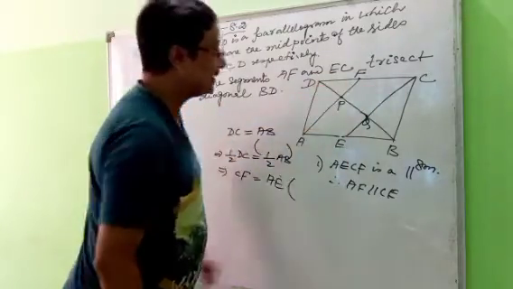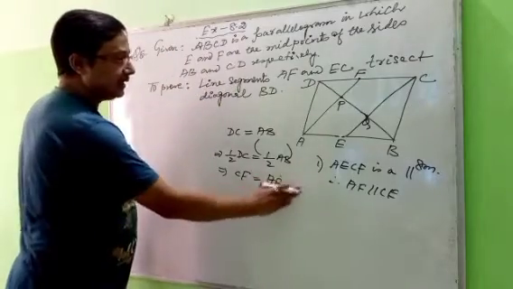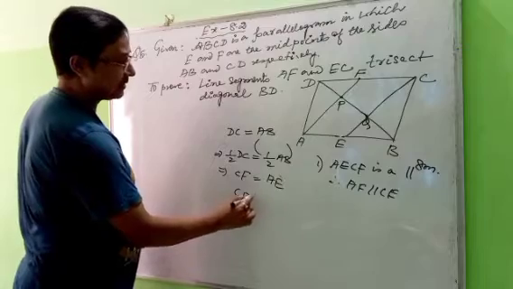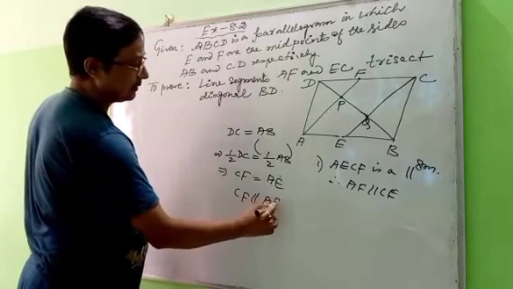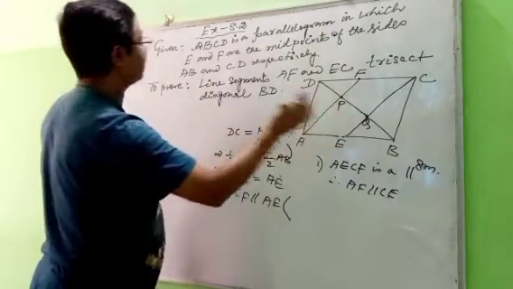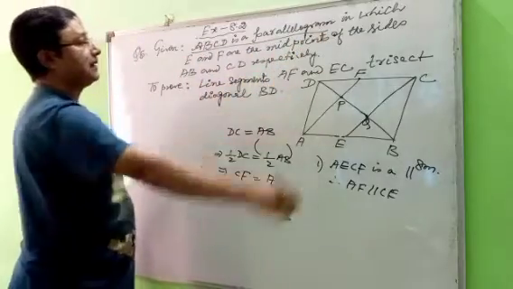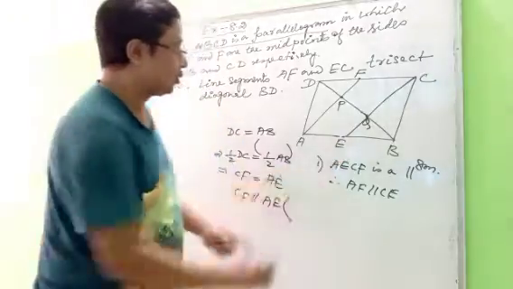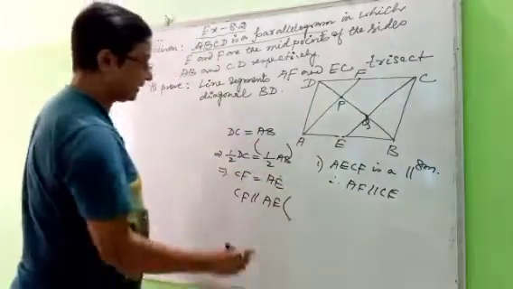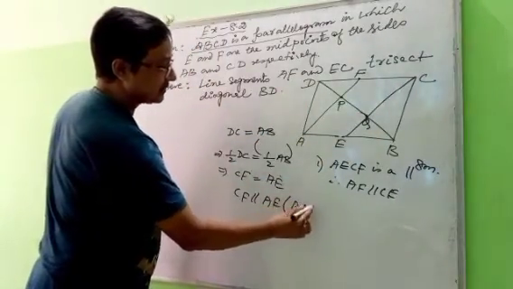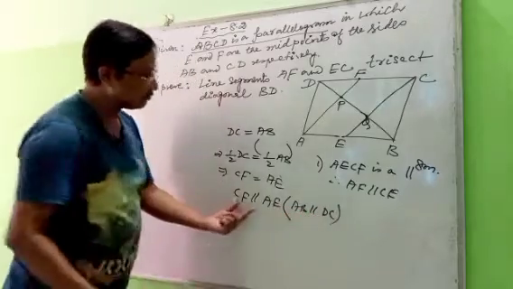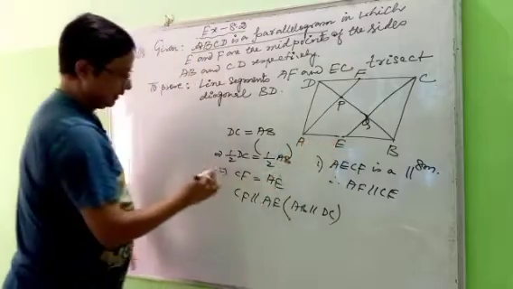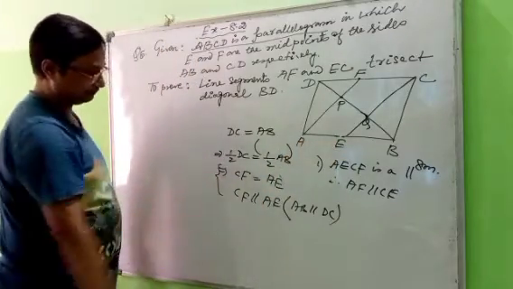Again you see here, CF is parallel to AE, because ABCD is a parallelogram, so the opposite sides are also parallel. AB is parallel to DC. Since AB is parallel to DC, CF is parallel to AE. Now you compare these two.